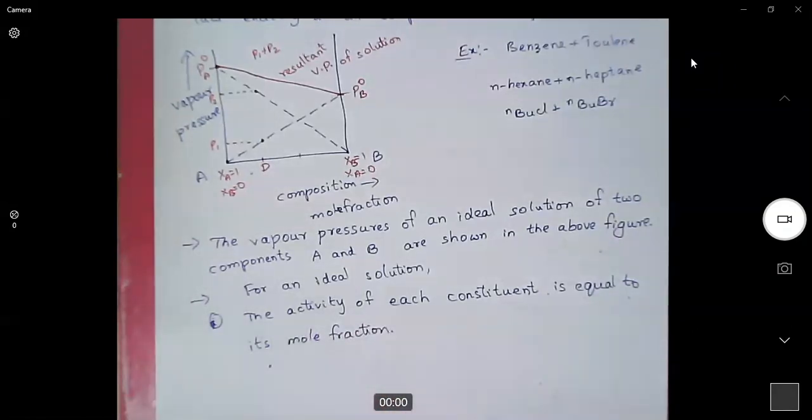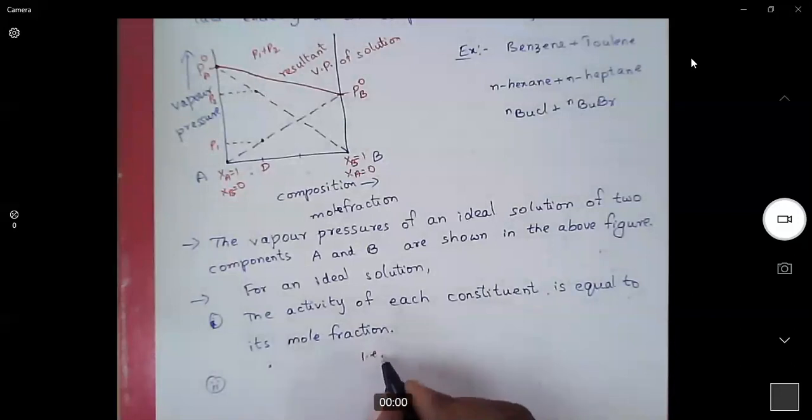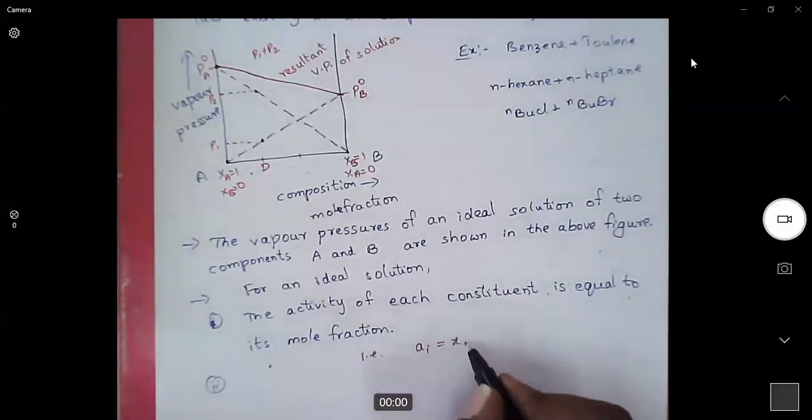The activity term has a similar meaning to concentration or mole fraction. So the activity of each constituent is equal to its mole fraction. That is, the activity coefficient is equal to 1 in the case of ideal solutions.